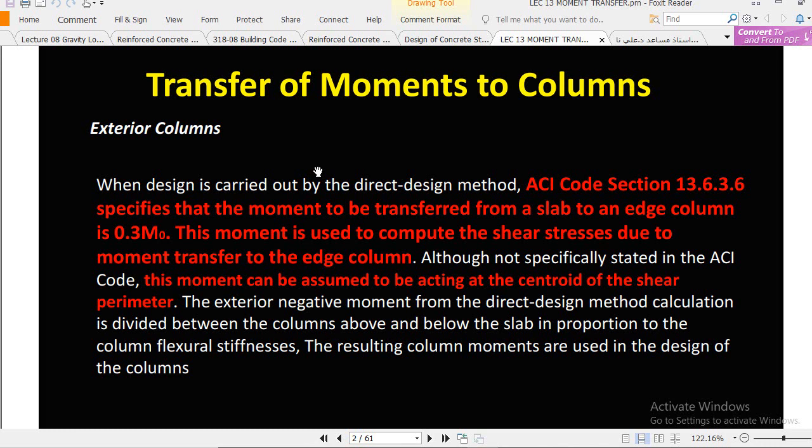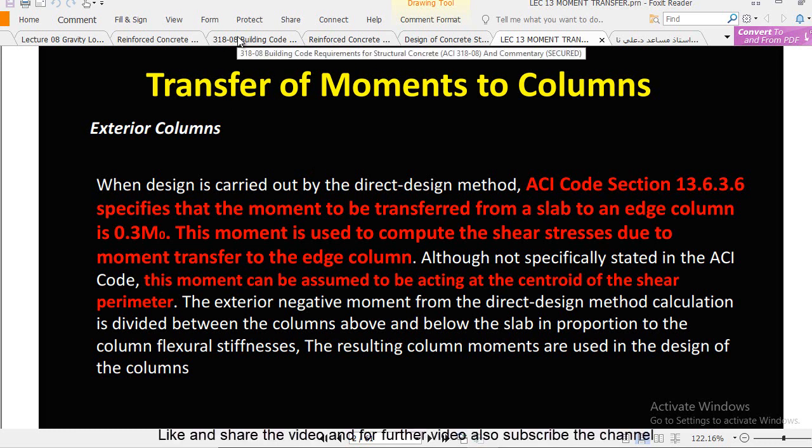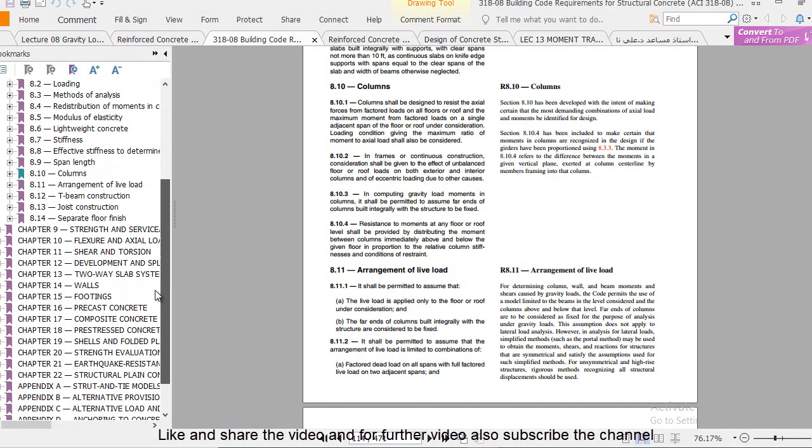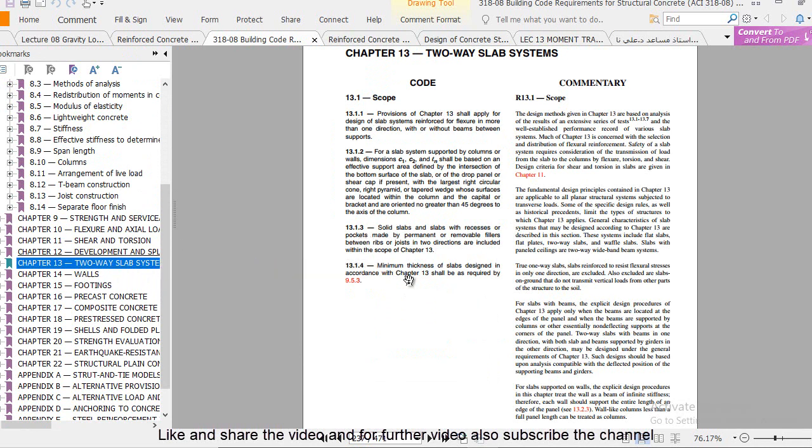There are cases. The ACI code explains the procedure for the exterior column as well as for the interior column. In the case of the exterior column, this section clearly specifies it. Let me show you this section. This is 13.6, in section 13.